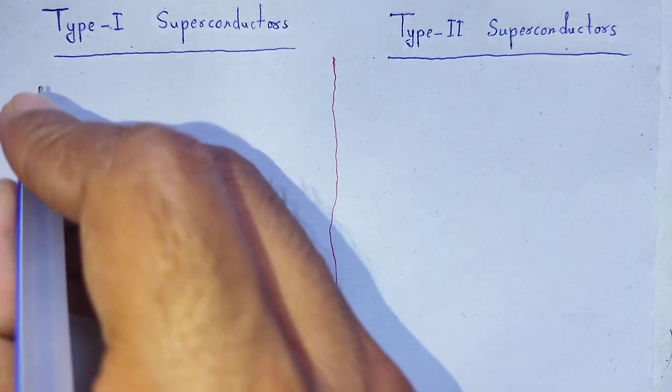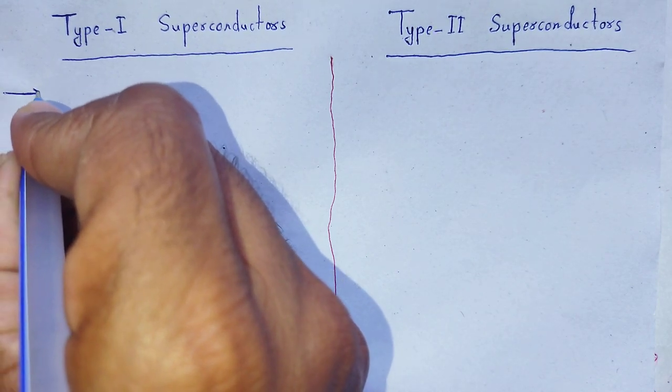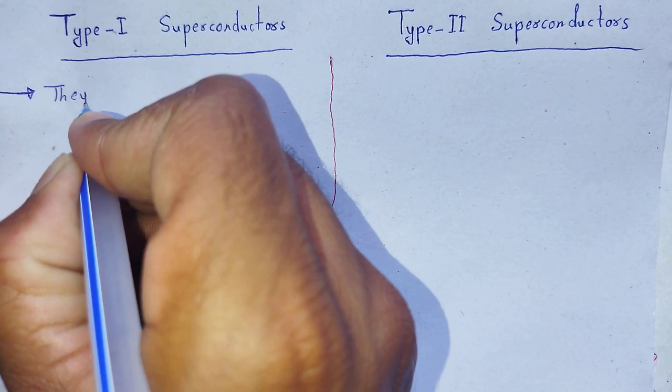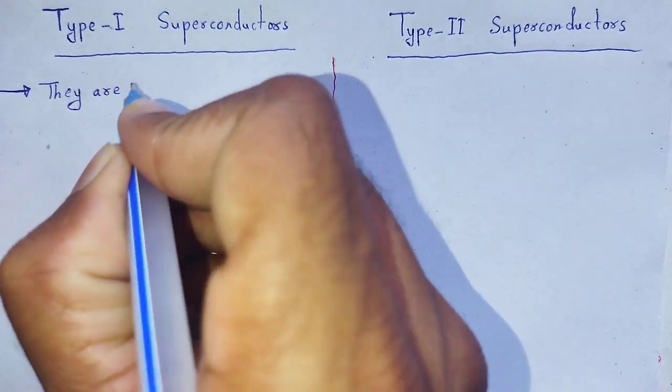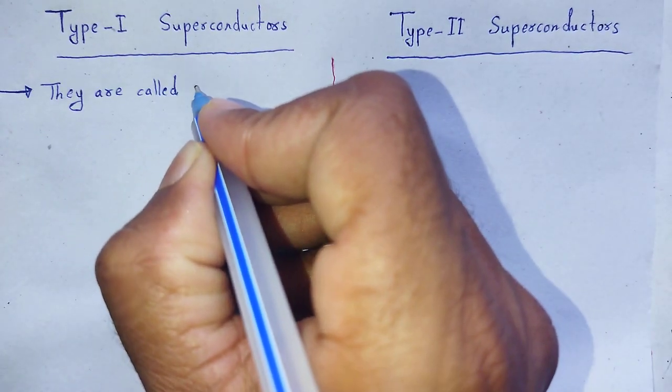For type 1 superconductors, they are called soft superconductors.